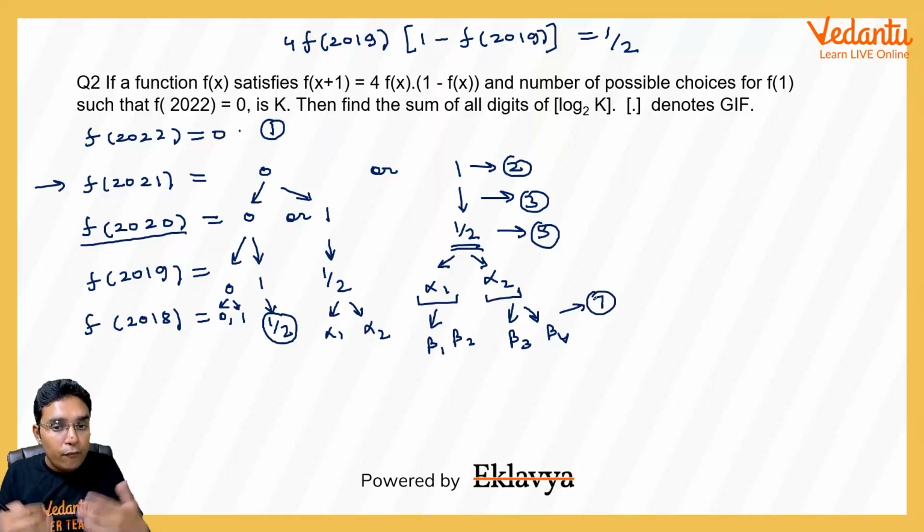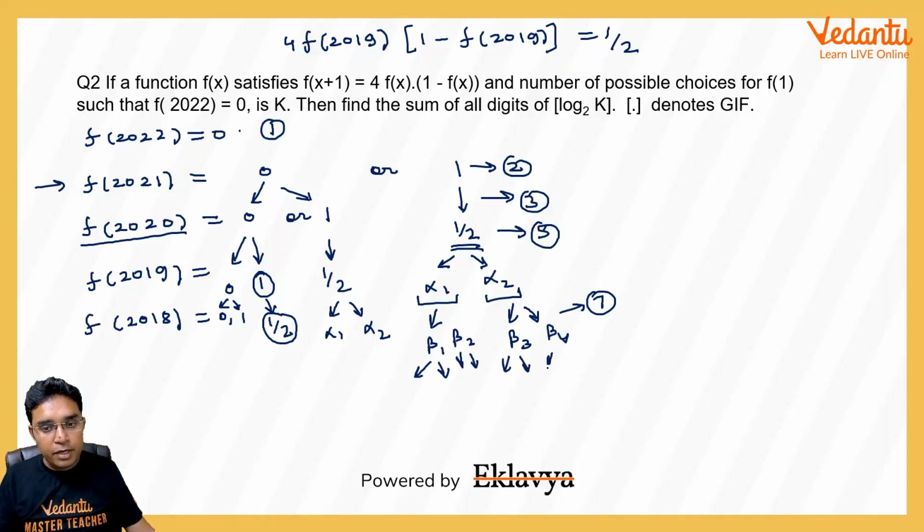Actually, for every value of f, the next value is giving us 2 values except for this one, because this one will be giving us only one value, that is half. Here, the way I have told you, for alpha 1, alpha 2 we are getting 2 values each. For beta 1 also we will be getting next time 2 more values. For beta 2 also we will be getting 2 more values, and similarly for beta 3 and beta 4.